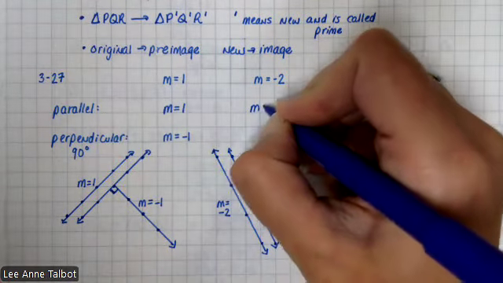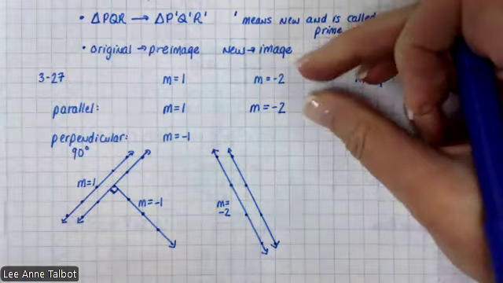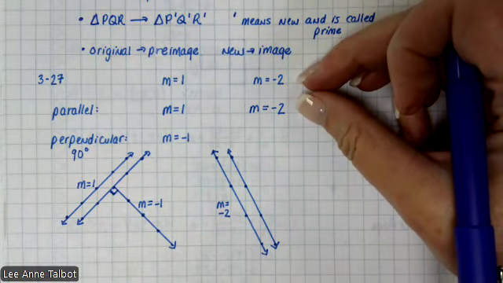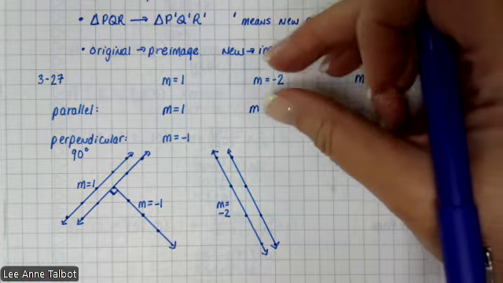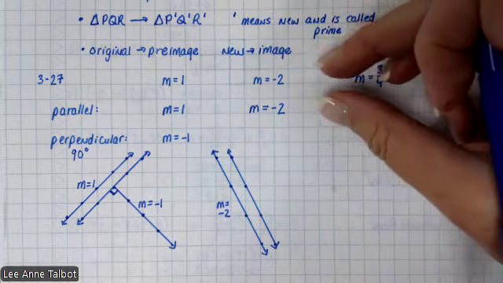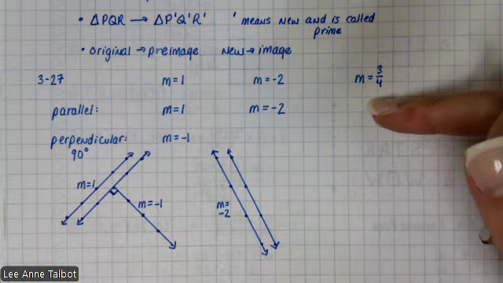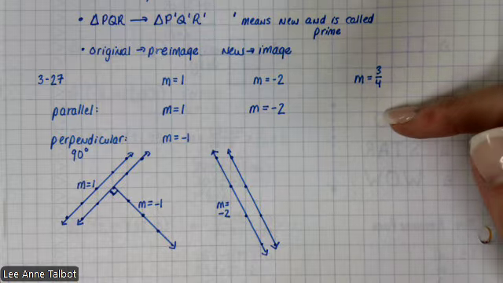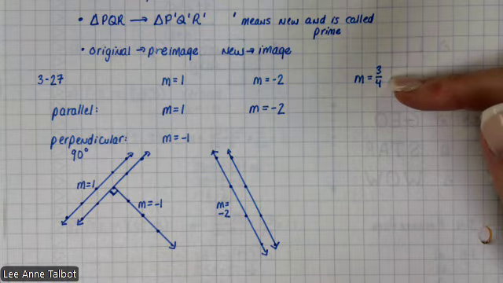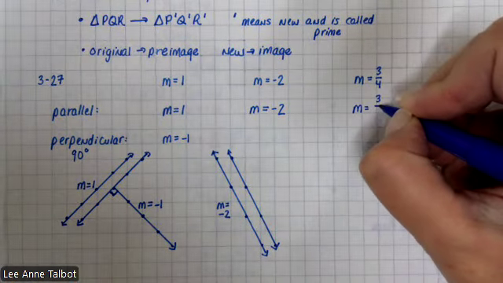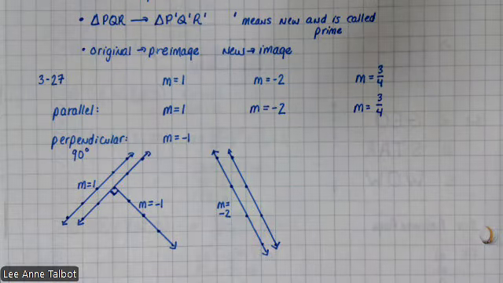Okay, so are you willing to make a guess about the slopes of parallel lines? Equal slopes. Perfect. Parallel lines have equal slopes. So what would be a slope of a line parallel to a line with a slope of 3/4? 3/4. No need to draw the picture. We know because they're parallel, they have the same slope.